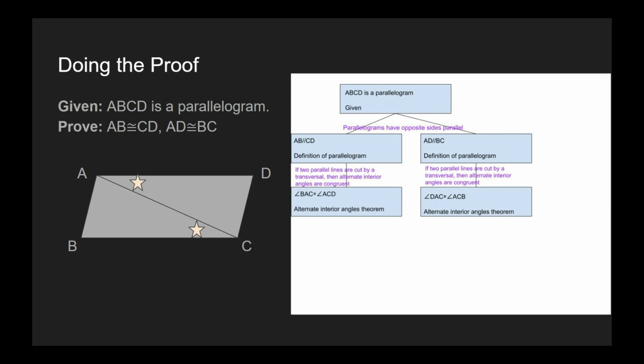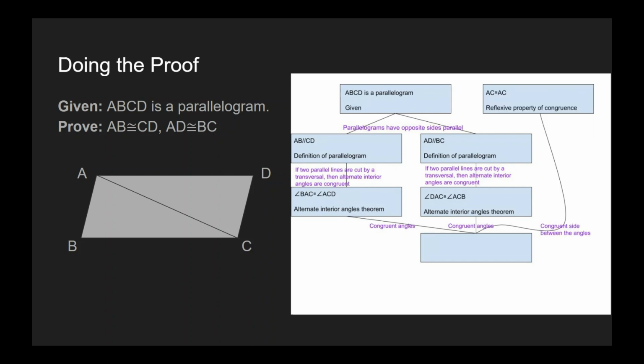Now, our goal, first, is to be able to say that we have congruent triangles here. Right now, we're able to say we've got a pair of congruent angles in these triangles. We've got another pair of congruent angles in these triangles. We need a third piece of information in order to say that these triangles are congruent. And that third piece of information is going to come from that diagonal that we drew.